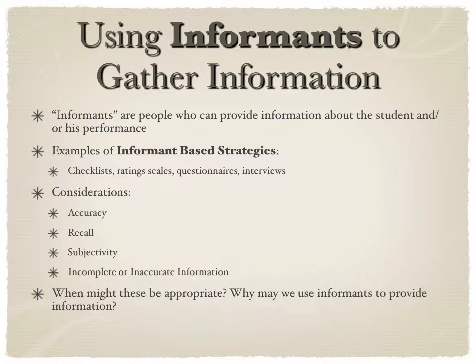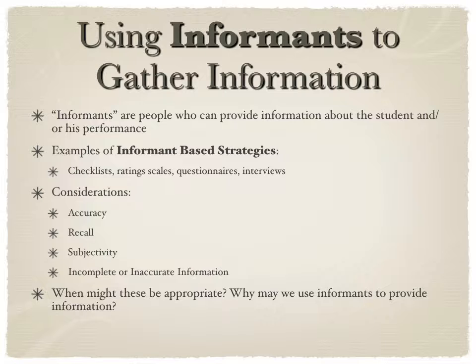So these aren't reasons to not use informant strategies, but much like we talked about with the informal assessment strategies, we need to consider these informant strategies in the context of other evaluations and other more technically sound assessments when we're making high stakes decisions.